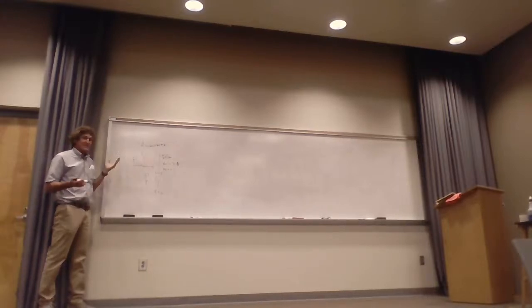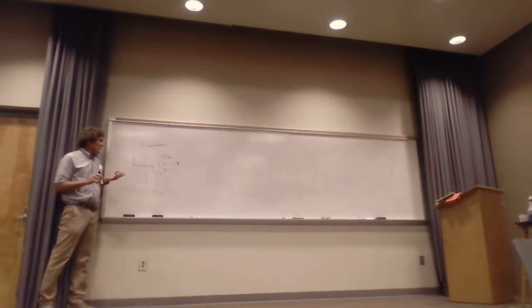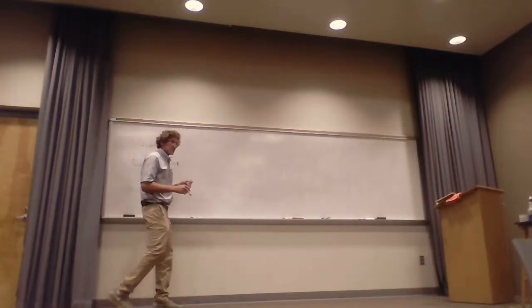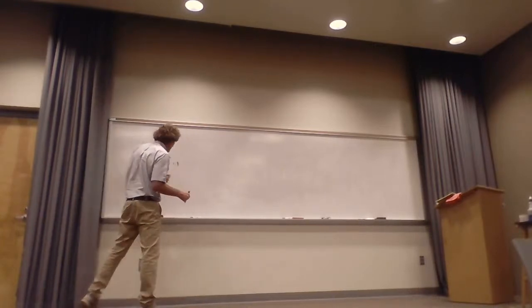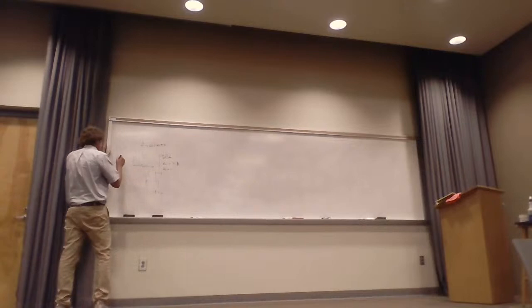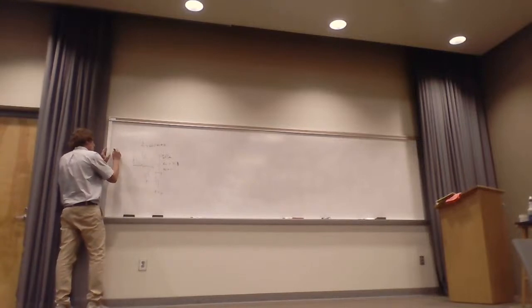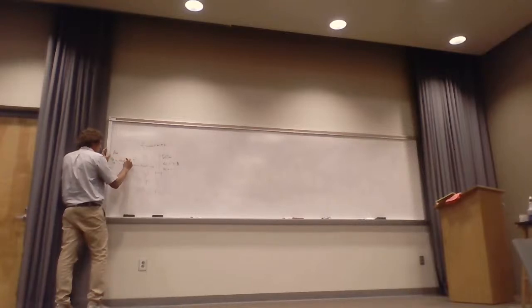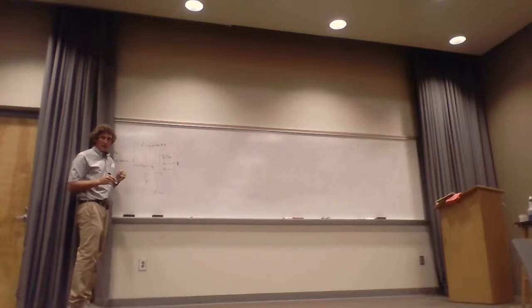Otherwise, I'd have to put a dot coming out to indicate the field. When I look at this, I need the reflection coefficient, so I need the intrinsic impedance of both regions. If we assume this is air or free space, eta naught, or eta 1, would be 120 pi ohms.